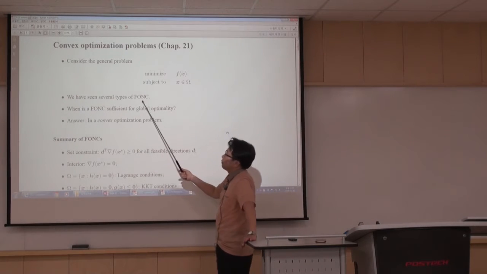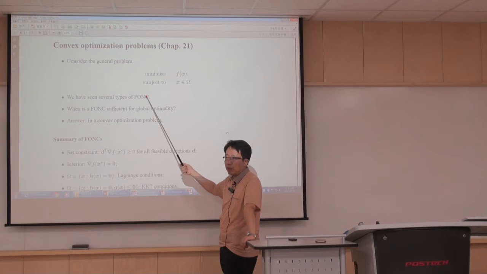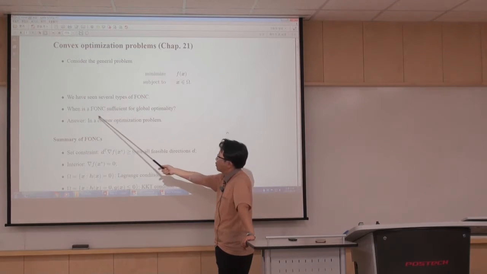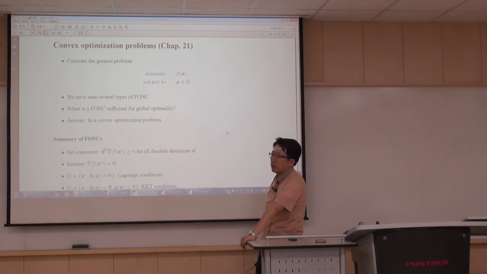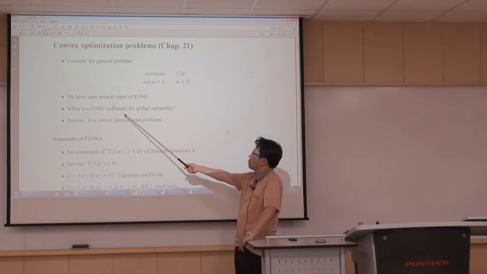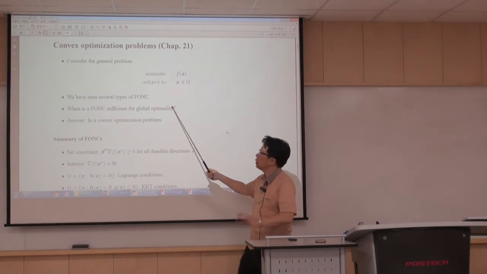We've seen some first-order necessary conditions for a feasible solution to be a local minimizer, right? This question is: when is an F1NC, a first-order necessary condition, sufficient for global optimality? Be careful.